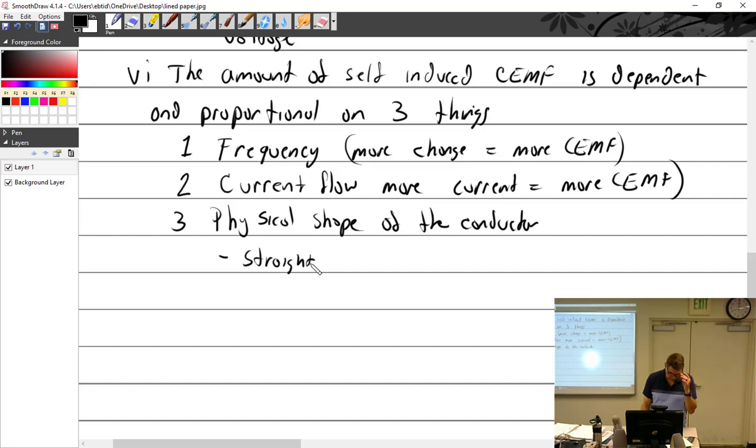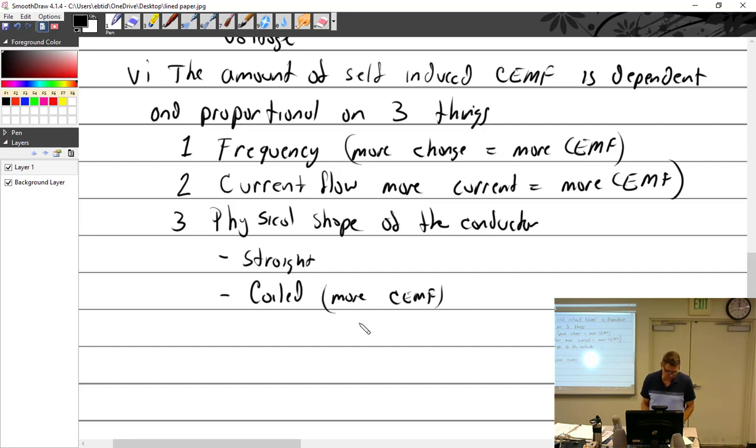Not so much. Straight conductor, counter EMF is just not going to really affect it. If it's coiled, then you're really going to have some issues going on there. Coiled, then you're going to have more counter EMF.